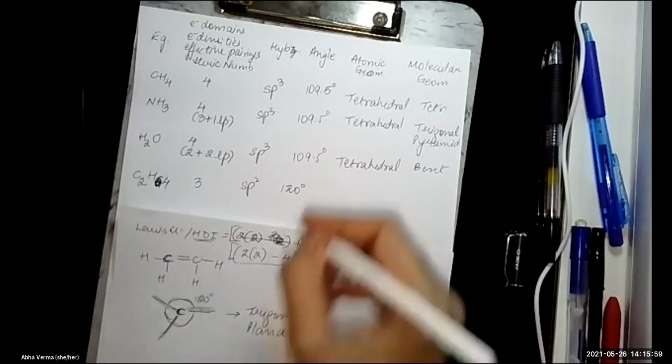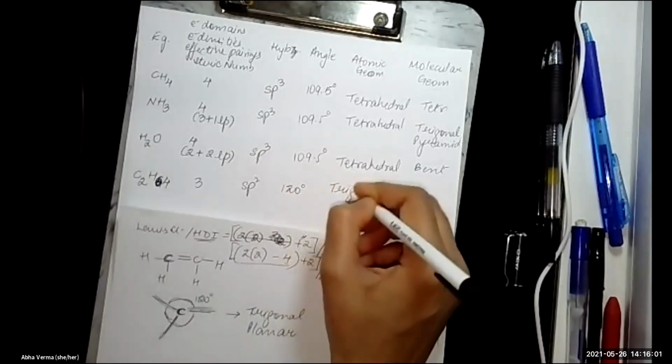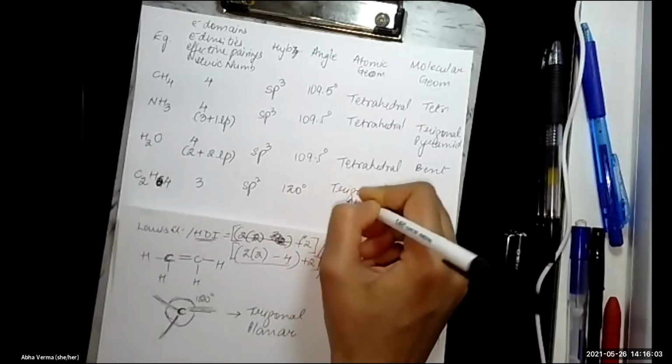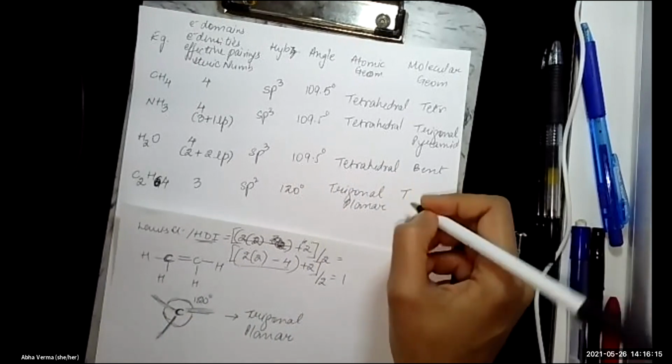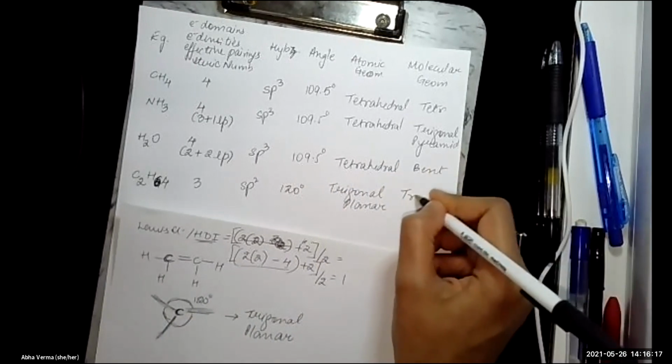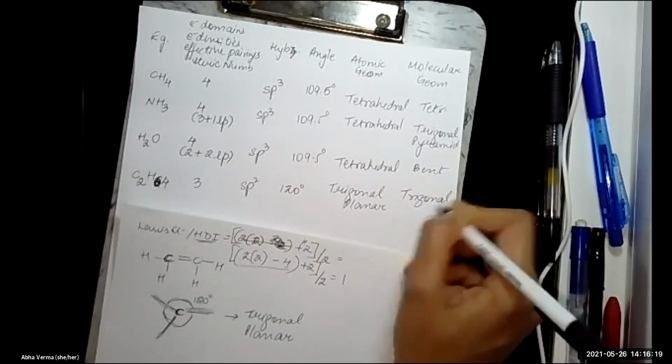What is my atomic geometry? Trigonal planar. And for this particular compound, where I don't even have any lone pairs, there will be no bent or pyramidal shapes. It will still be trigonal planar.